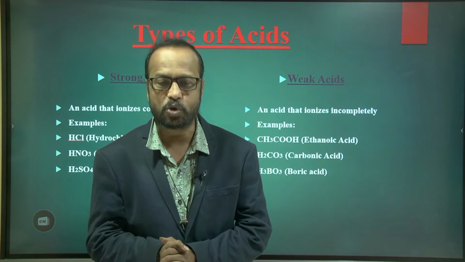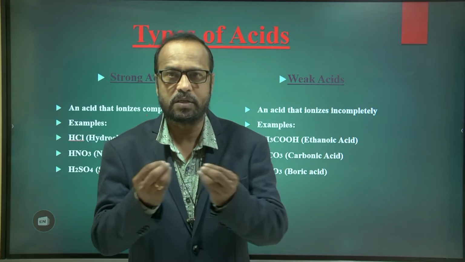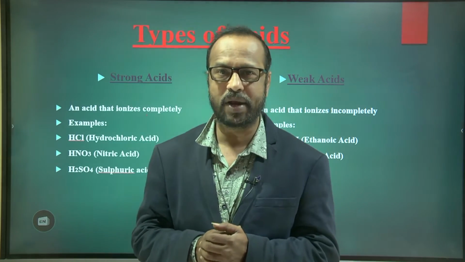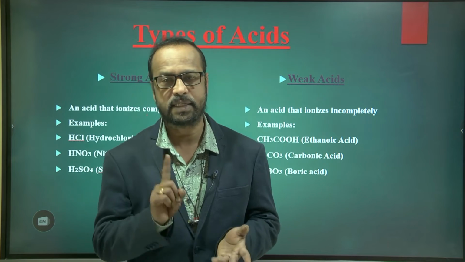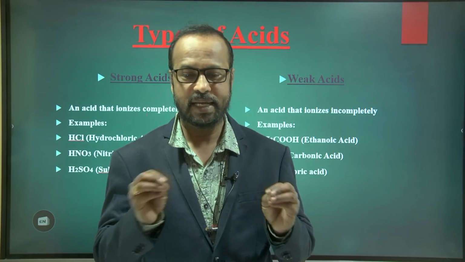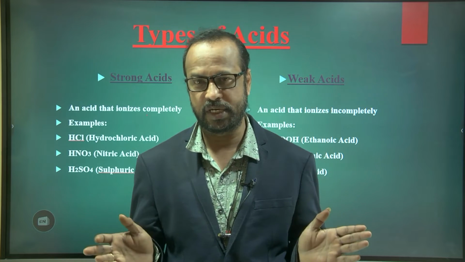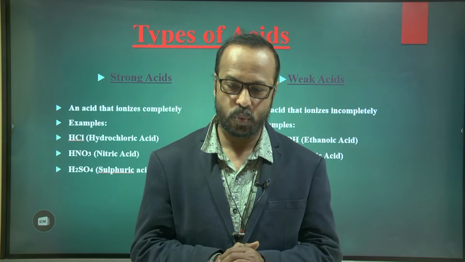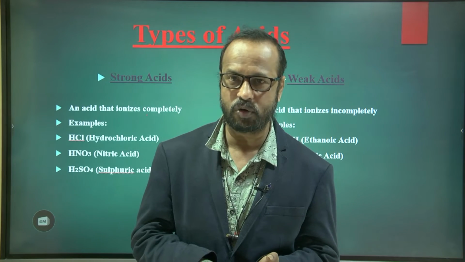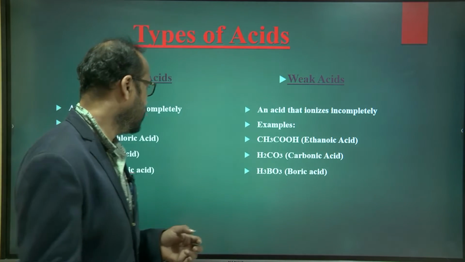They are called strong acids, or we can say which produces more hydrogen ions. Example: hydrochloric acid, sulfuric acid, nitric acid, etc. And weak acid means what? Which ionizes incompletely, means partially. They are called weak acids. Example: acetic acid, or ethanoic acid, carbonic acid, etc.